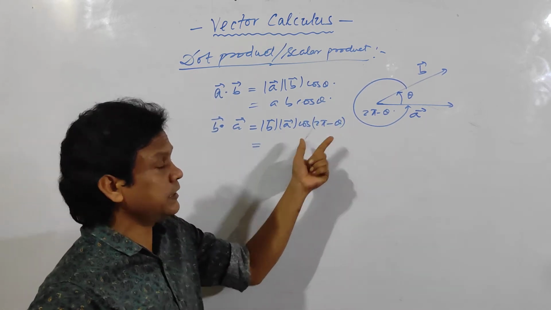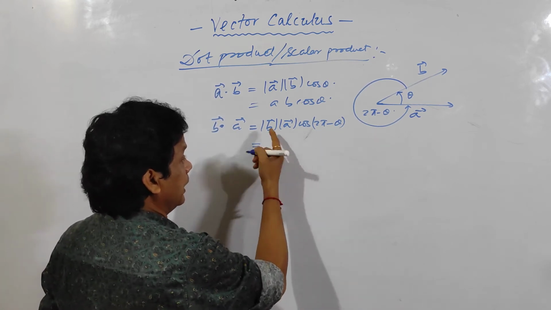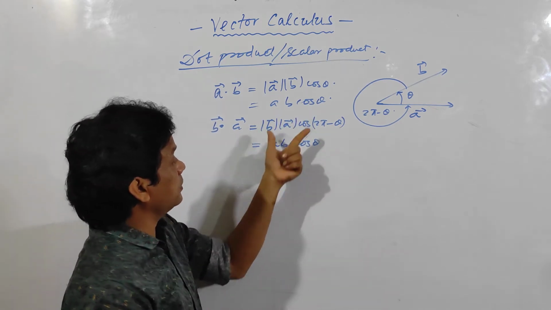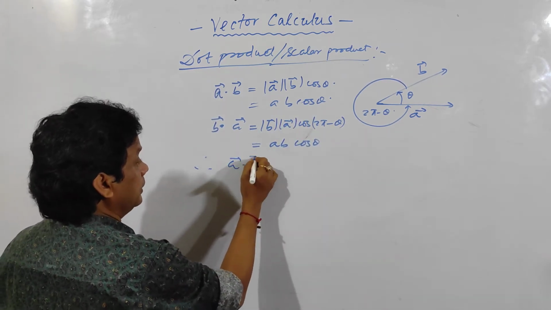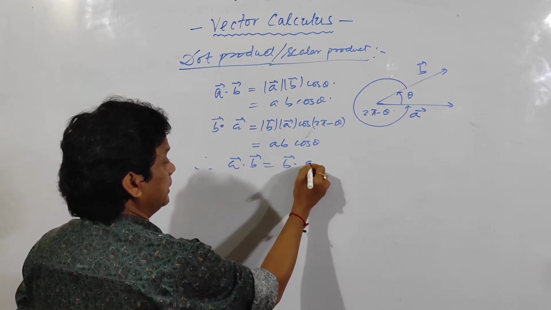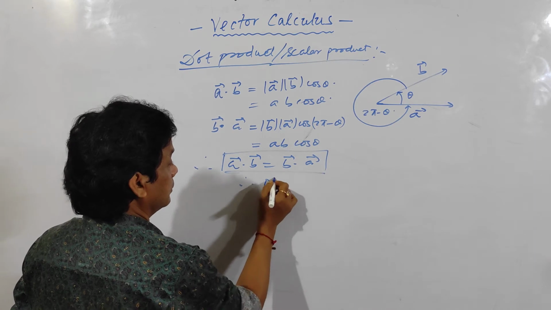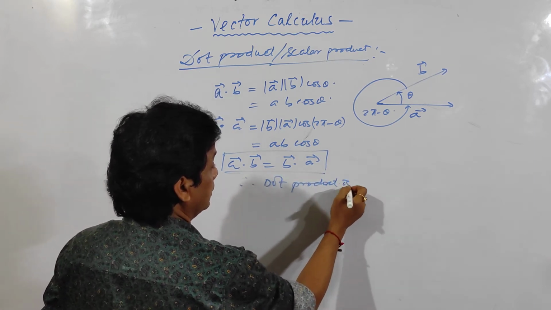And cos of 2 pi minus theta is cos theta, as it is in the fourth quadrant. So I am writing this as AB cos theta. So here AB cos theta, here AB cos theta. That's why A dot B is equal to B dot A. That means the dot product is commutative.